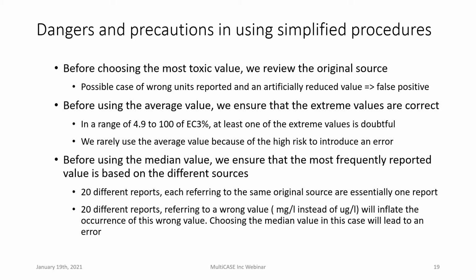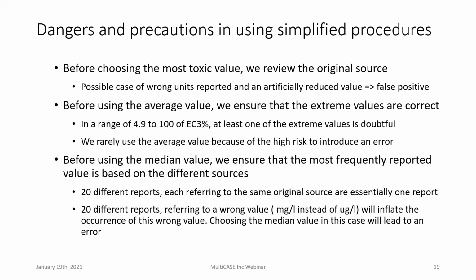For example, someone used micrograms instead of milligrams, or the other way around, and the original value was using micrograms. If we rely on a later report instead of going to the original report, we will get a wrong value. In this way, the automated way to choose a conservative value is not a very good way. It needs to be reviewed.